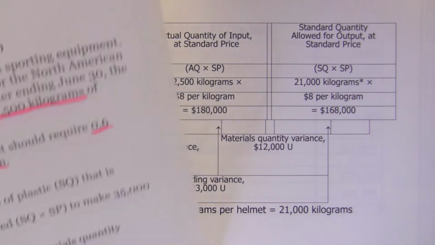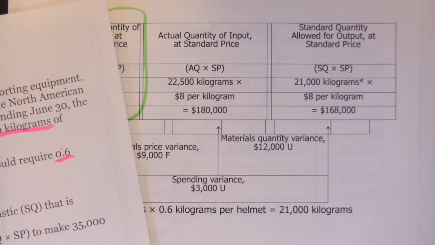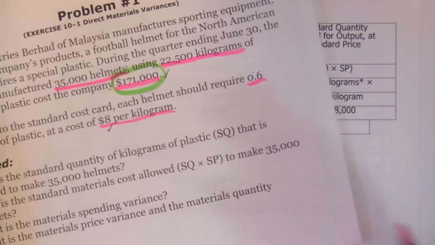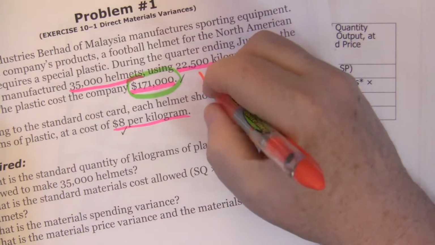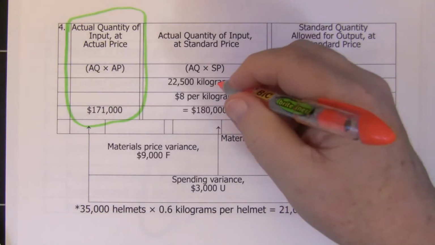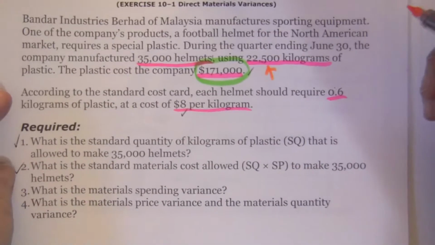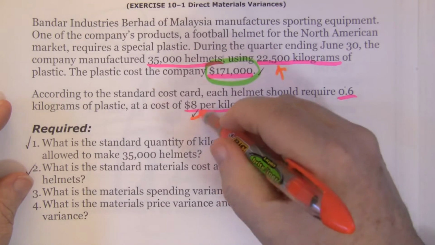Now, the next thing they tell us is our actual quantity: we used 22,500 kilograms of plastic. They gave us that. They gave us the standard price.